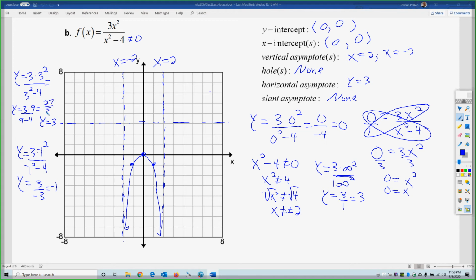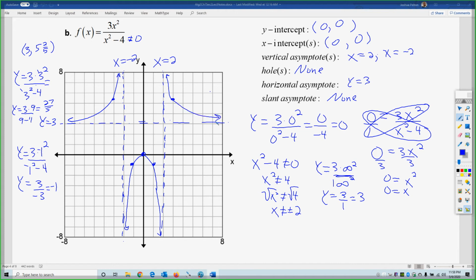So 27 over 5 is 5 2/5. So 1, 2, 3, 4, 5 2/5 is right there. So essentially I plugged in 3 and I get 5 2/5. If I plugged in -3, would it make any difference? Well, no, because the negative is being squared. You still get the same answer. So at -3, you would get the same answer, 5 2/5, which means it must be up here for the actual function.